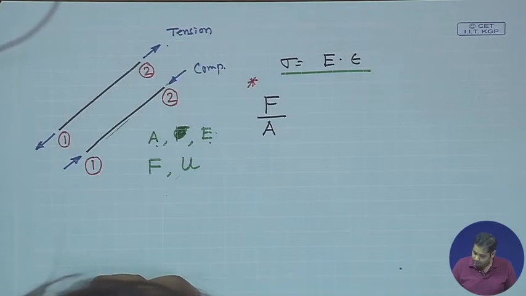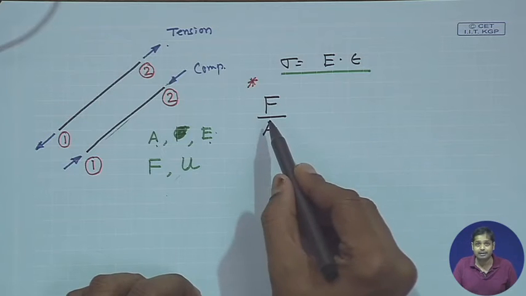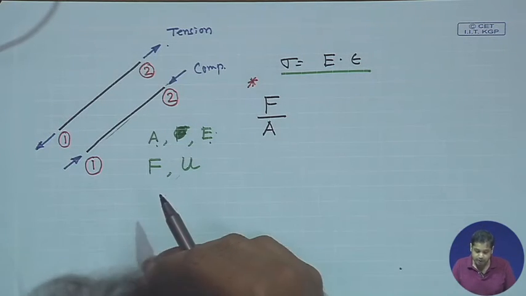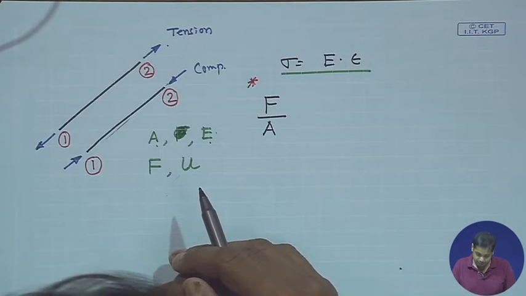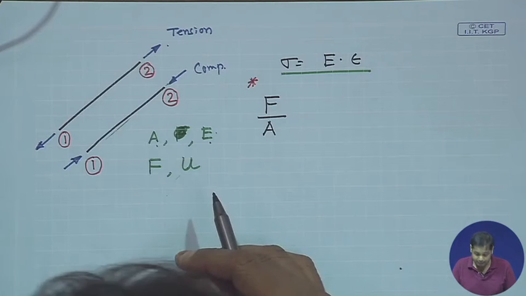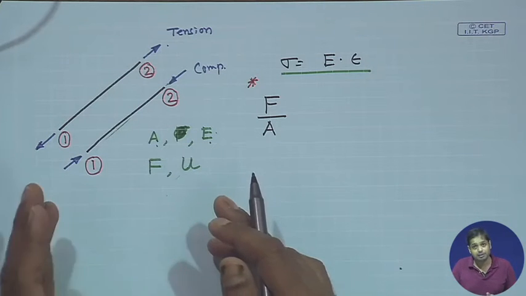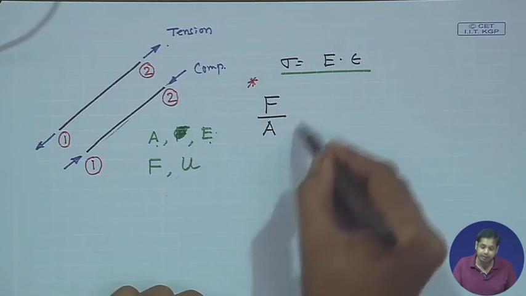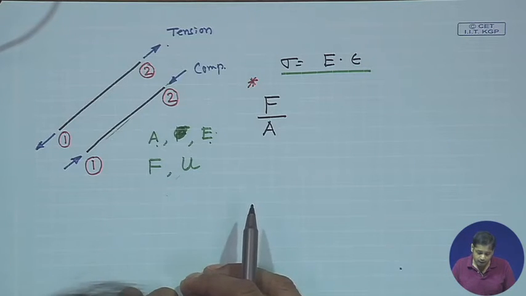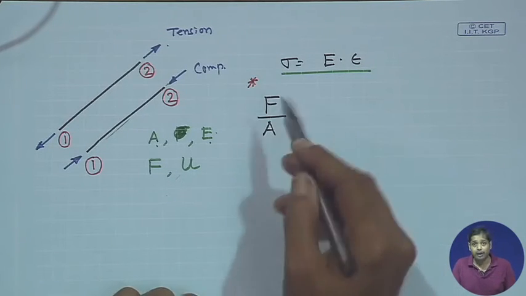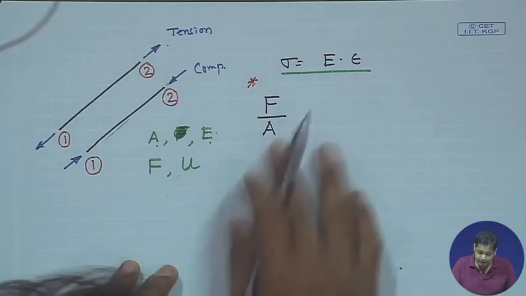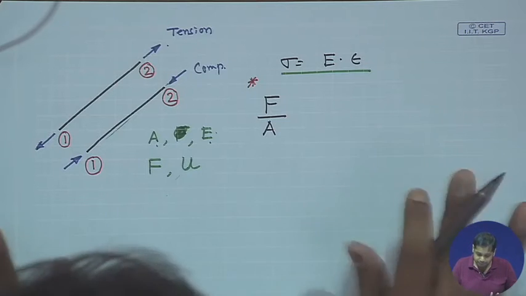I am just crudely defining stress as force by area, but as you take courses on continuum mechanics and solid mechanics, many of you might have already taken it, you will see there are different measures of stress, and this is not the better way we define stress, but for the time being in this context, this definition is absolutely fine for us.